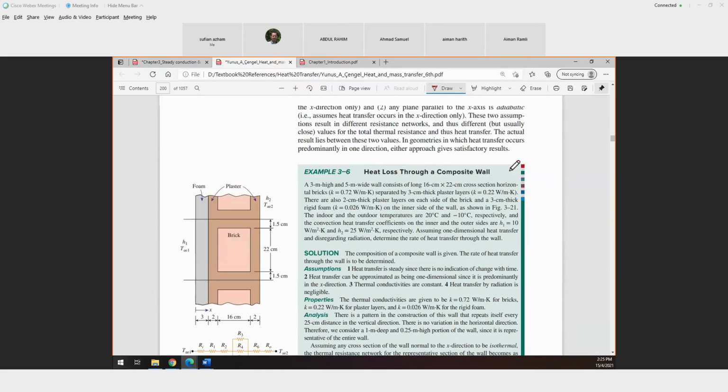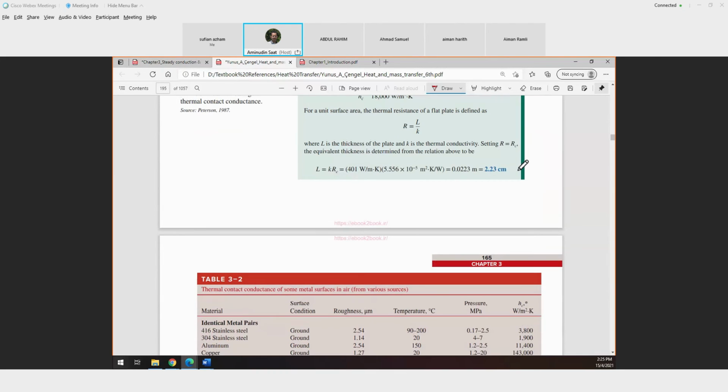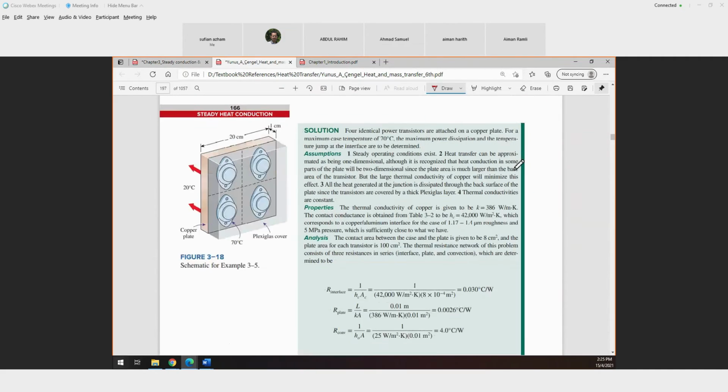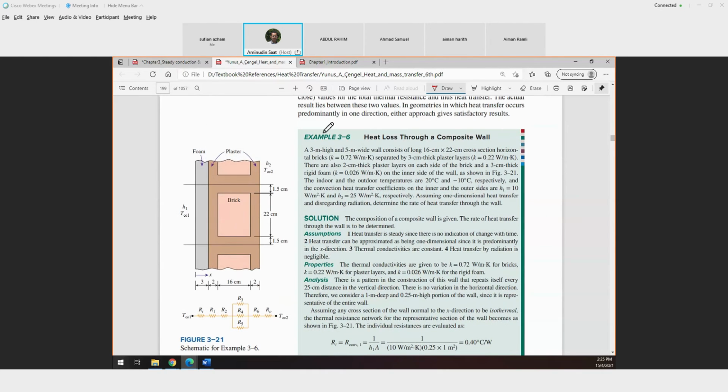Yesterday we learned about this term, generalized. Okay, example 3.6.